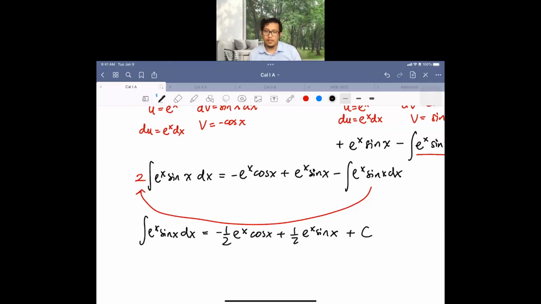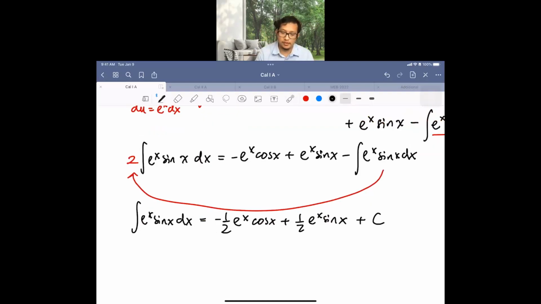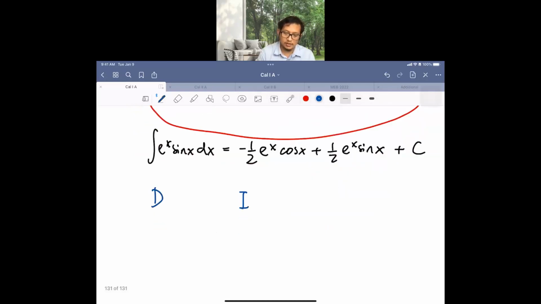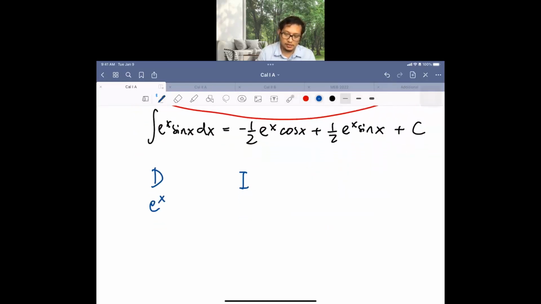Now what if we are using the DI that I told you before? It will be the same. So start with the right D, right I. This is e to the x sine x. So this will be negative cos x, negative sine x. This is e to the x. So how do we stop?